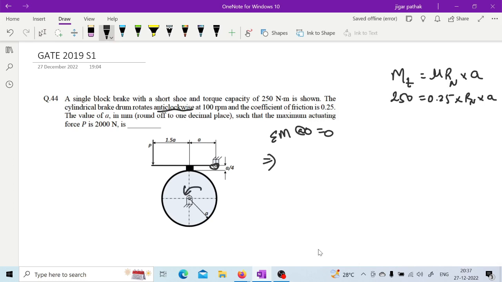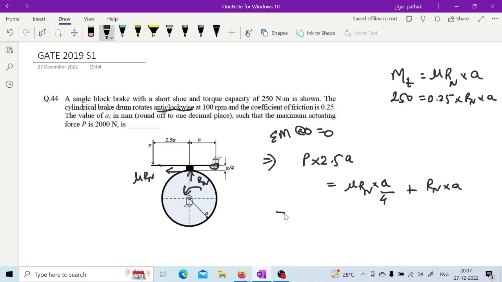Here also, as in the previous case, mu Rn as well as Rn, both will have clockwise and this P will have anti-clockwise. So this P into 2.5A can be equated to mu Rn into A by 4 plus this Rn into A. Yes or no? Yes.